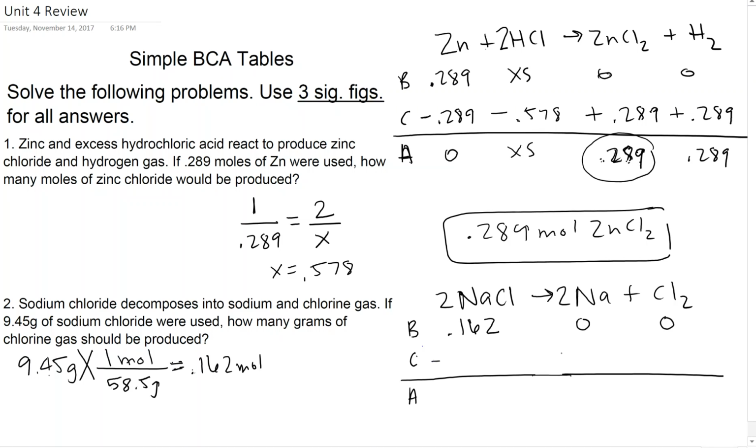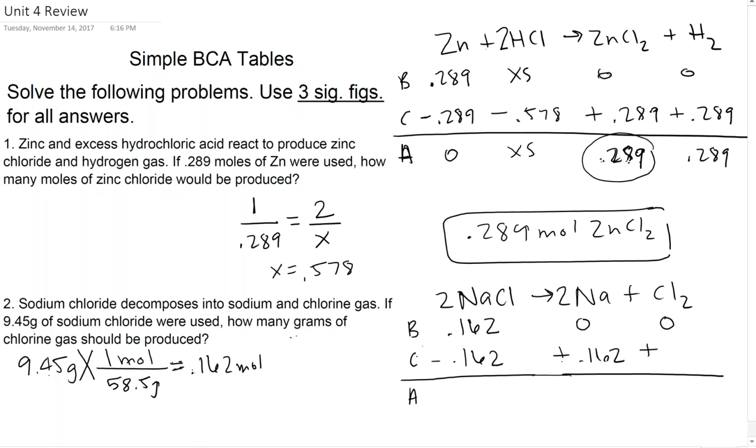We subtract our reactants and we add our products. Because we only know we have 0.162 moles of NaCl, we assume we will use all 0.162 moles. And then any other substance that has the same coefficient will be the same change row number. So since Na also has a coefficient of 2, we will put 0.162 in that spot. Cl2 has a coefficient of 1, so we're going to need to solve for the number that goes in that change row.